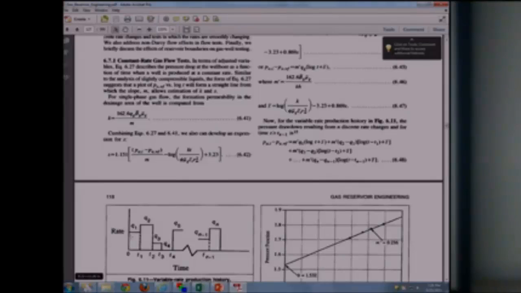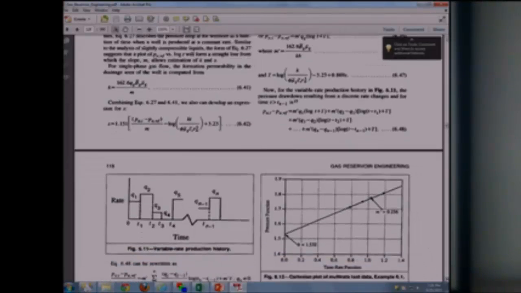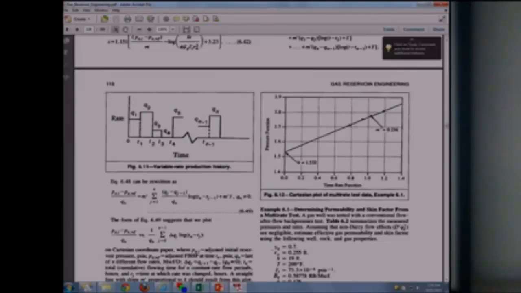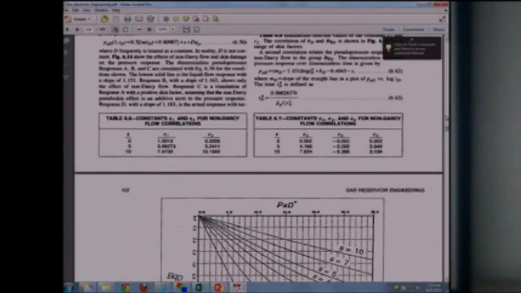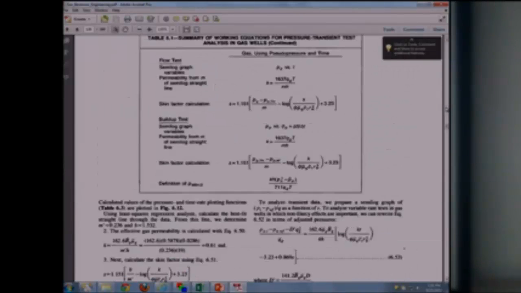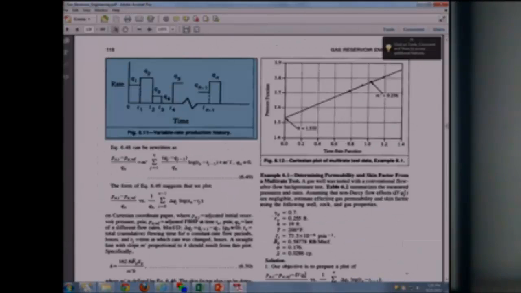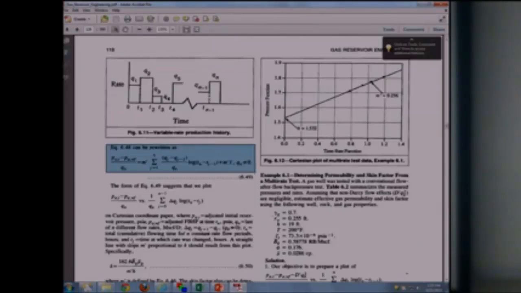Right here, given any variable rate time history, shown right here, okay? Given any rate time history, we can use this equation right here and plot normalized pressures, delta P over Q, and have this summation function that starts with the first rate time and goes to the nth rate time.